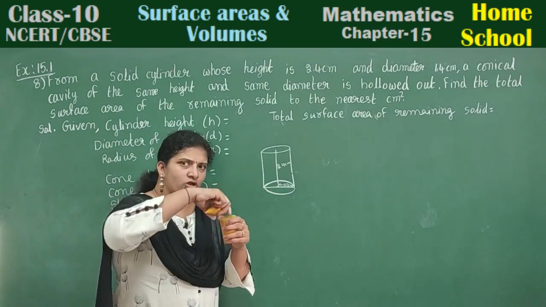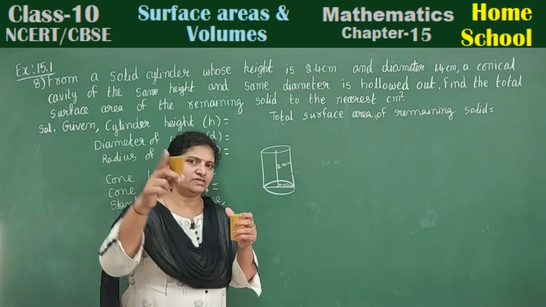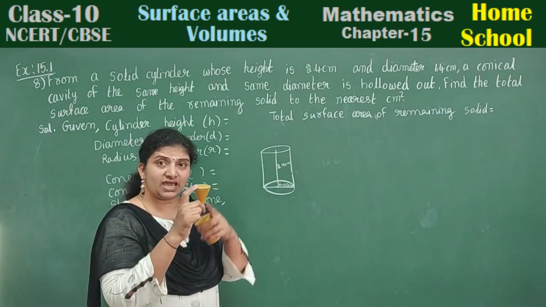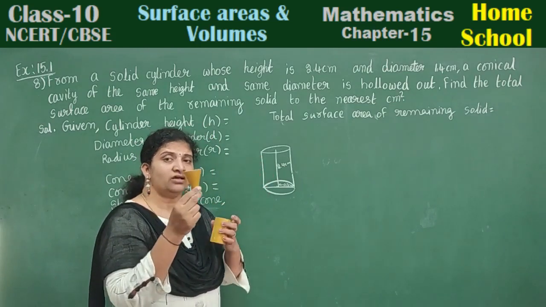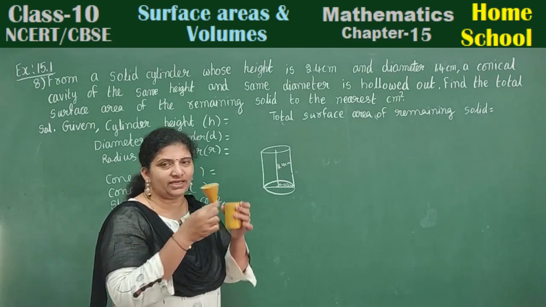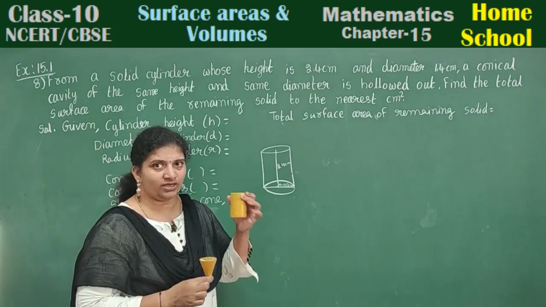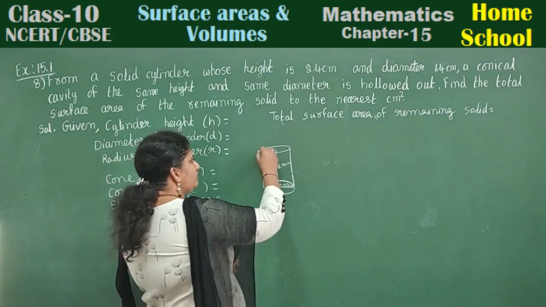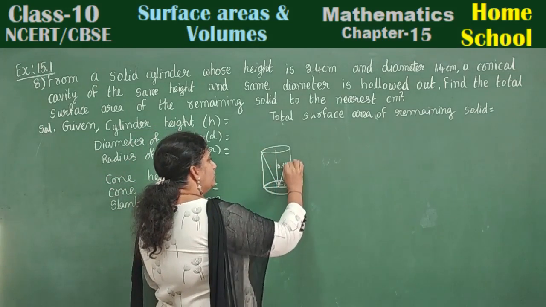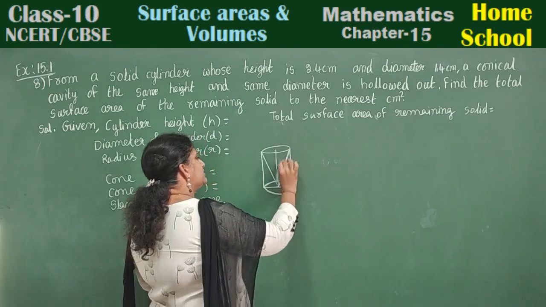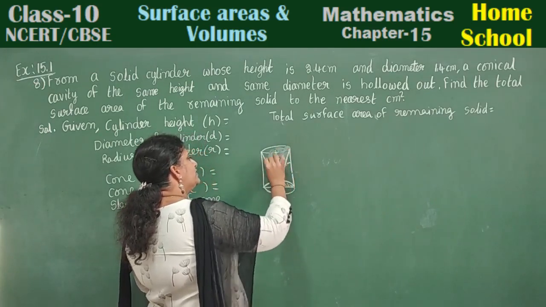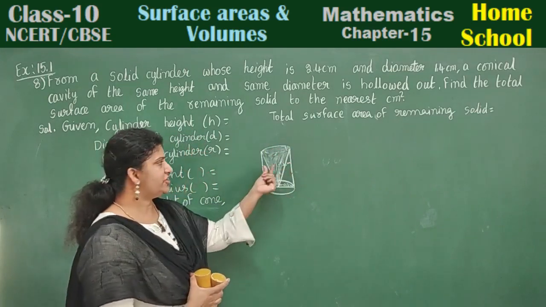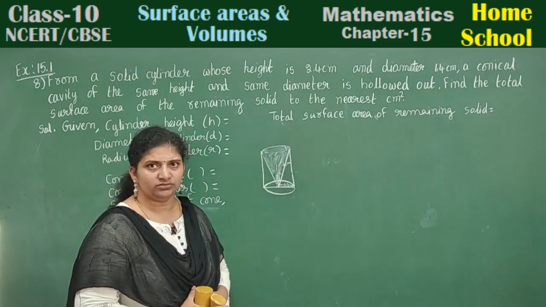I was hollowing here and then this part is removed from the cylinder. And having same height, same diameter, a conical cavity is done in this solid cylinder. When it is done, what you can see? So, this part, what is shaded, is removed.